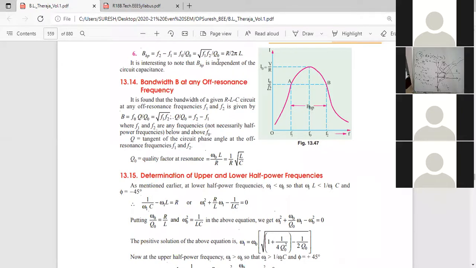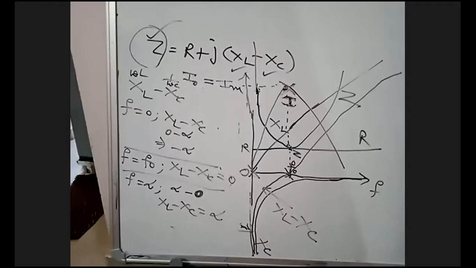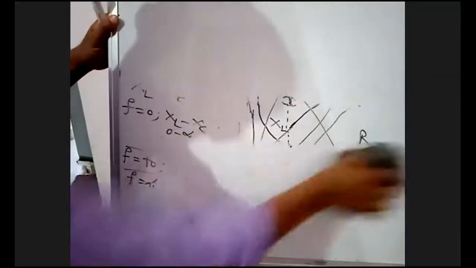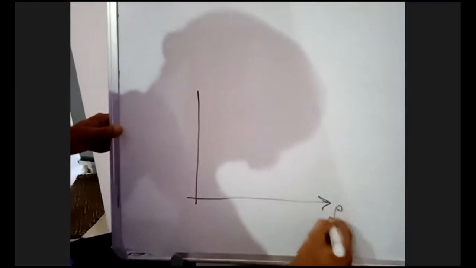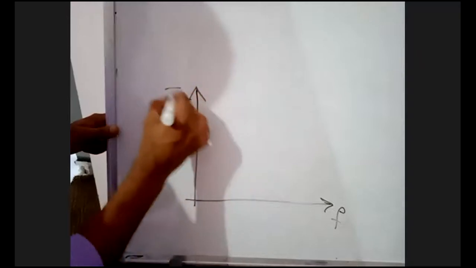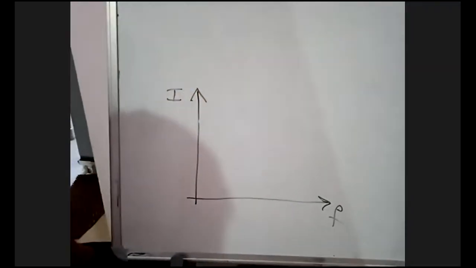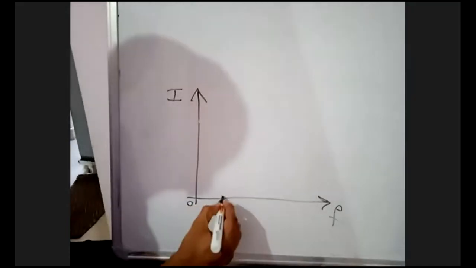We'll draw this curve. I'll write on the board. X-axis is frequency, y-axis is current.